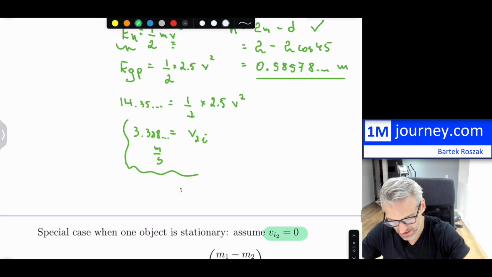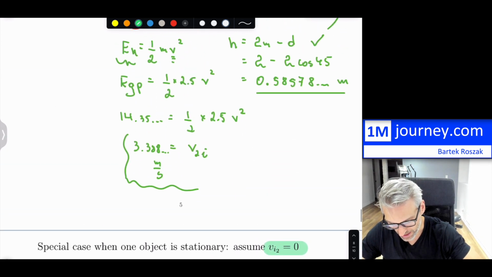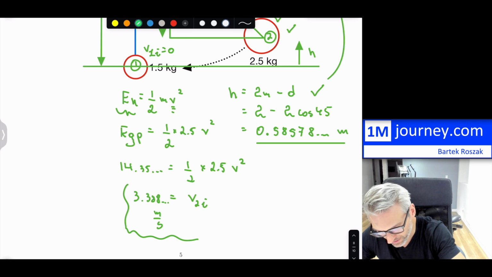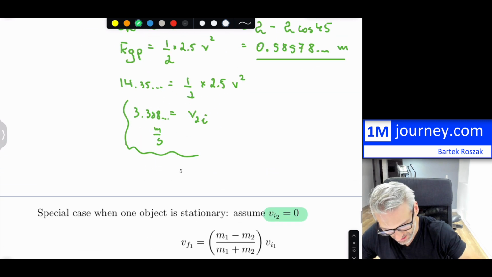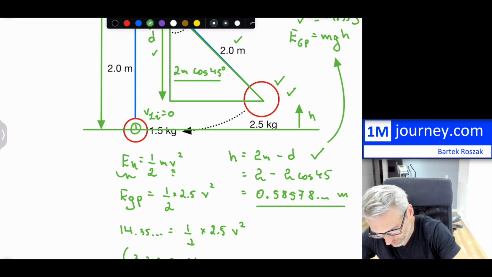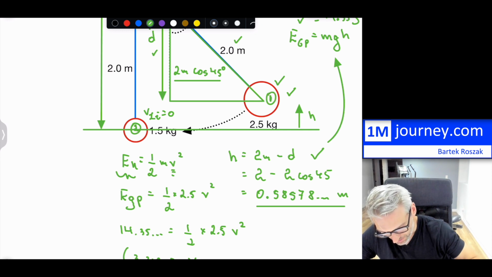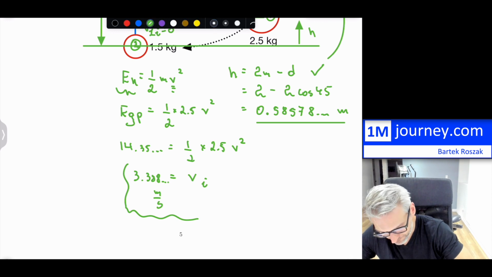In this case, v1 is equal to 0, but that doesn't matter. I can certainly change these around. Let me change these so that it goes exactly with this formula. So it says v2, so I'll swap these. I'm going to call this one 2 and this one 1. So that means this is 1.